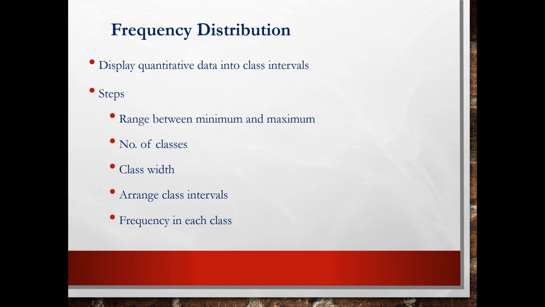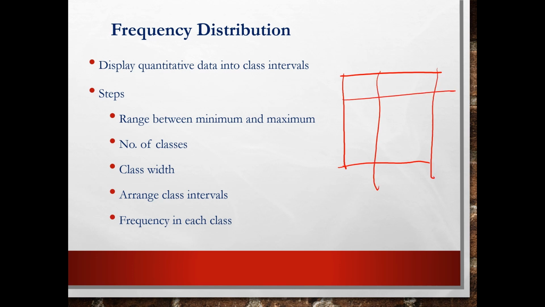It's kind of a table that we make up for the quantitative variable, right? We have the class and the frequency. We use the letter F for frequency. So we divide the whole quantitative variable into different classes and count how many observations fall into each class.